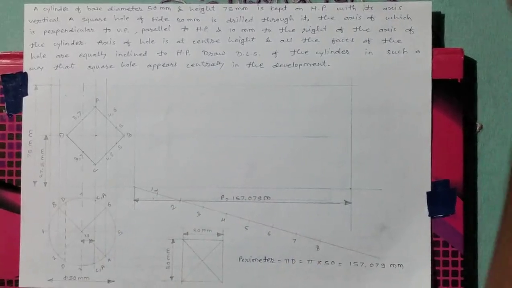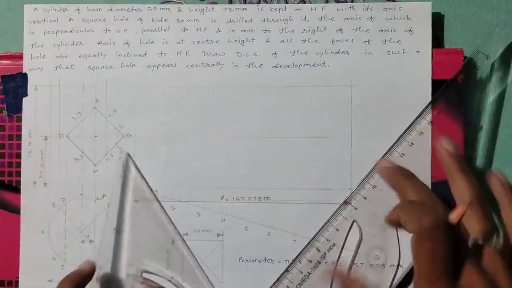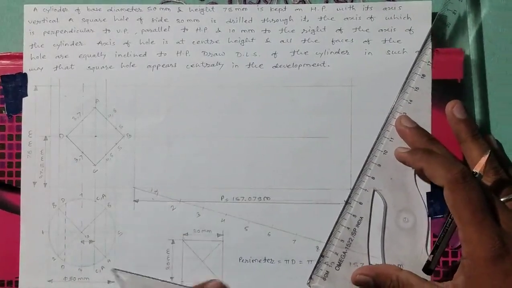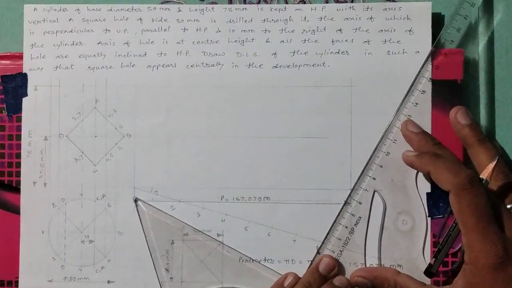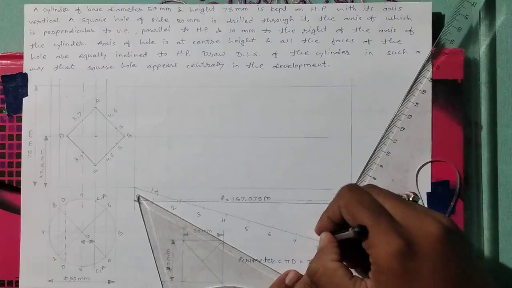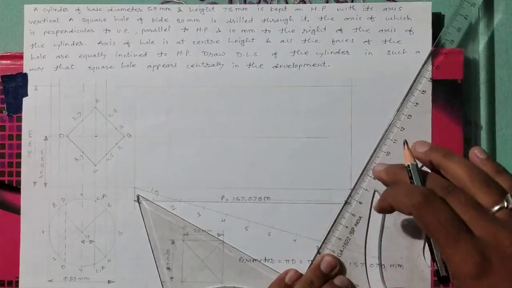After that, transfer these points. First join point 8 and the end point of this rectangle, which you have drawn here.